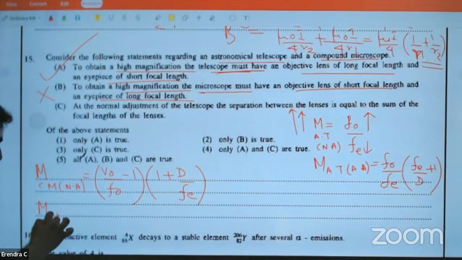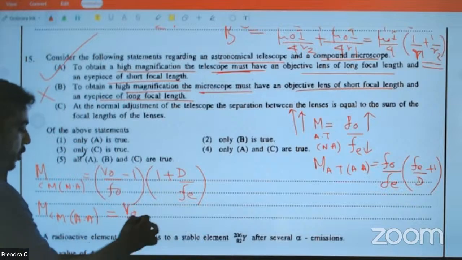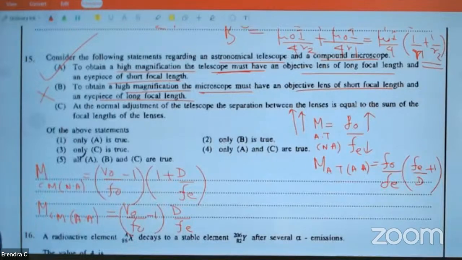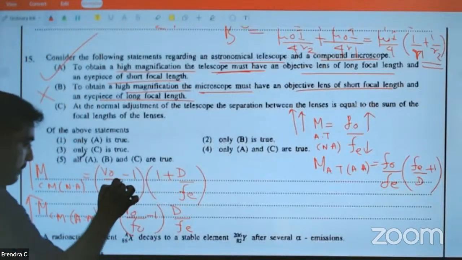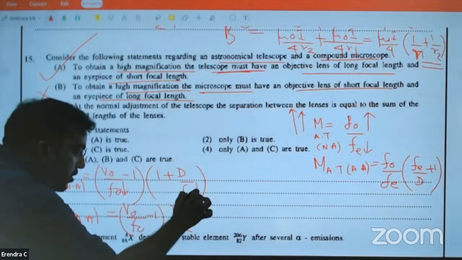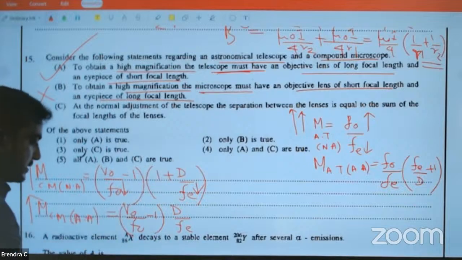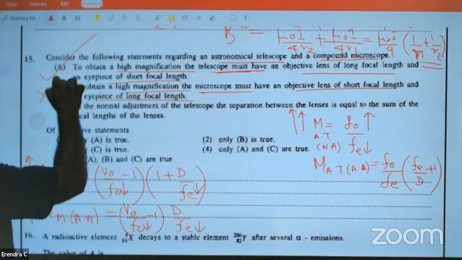Here, compound microscope, alternate adjustment, you should know. V naught over F naught minus 1, times D over Fe. To obtain higher magnification, remember this should reduce, this should also reduce. Then only this value increases. Both should be small, so B is wrong.